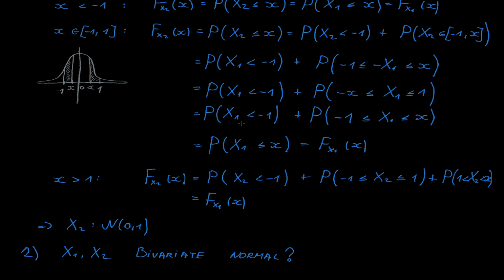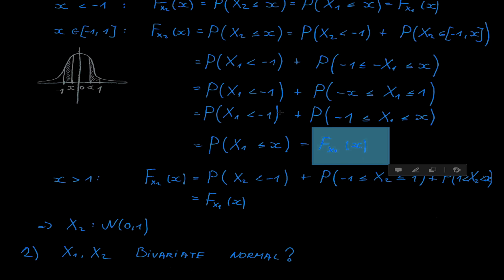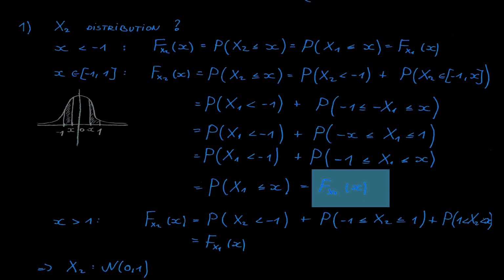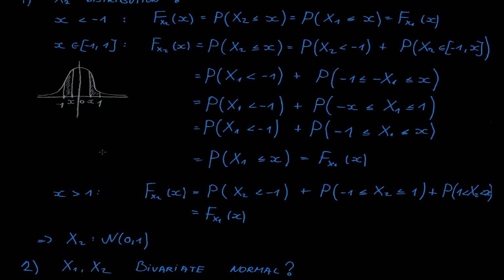What we see here is that it goes to -1 and from -1 to x. Because there are two distinct events, we can write it as x1 smaller or equal than x, which is actually our cumulative distribution function of x1. In the last case we can do the same.